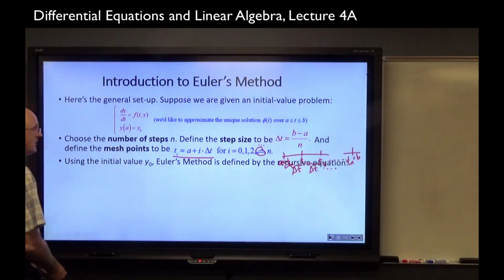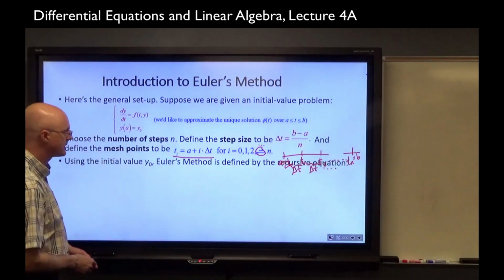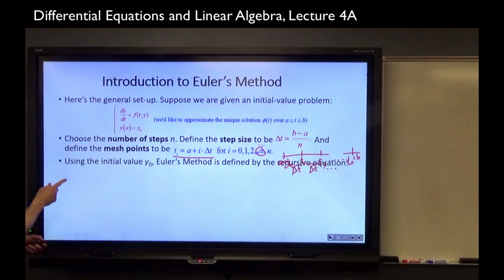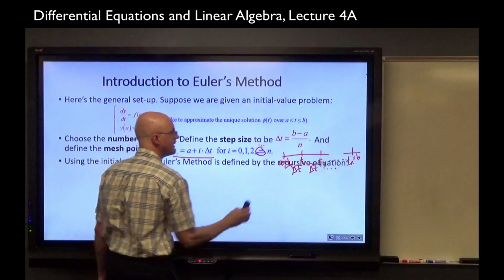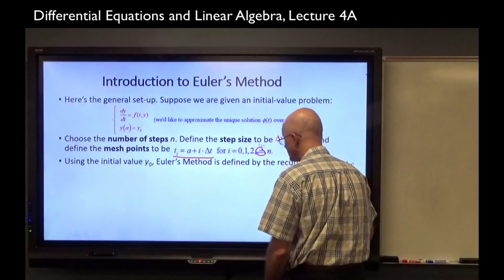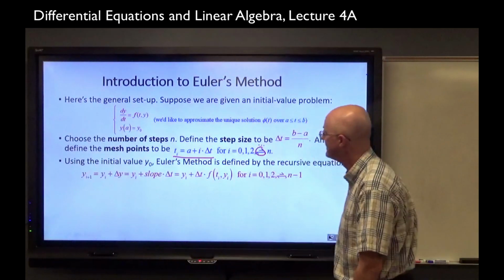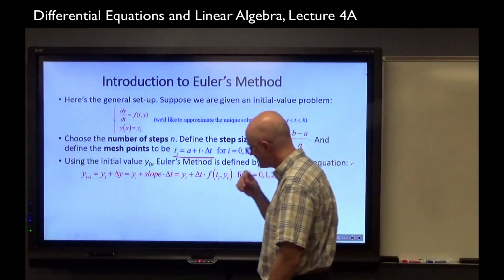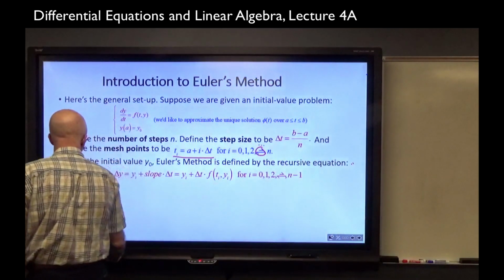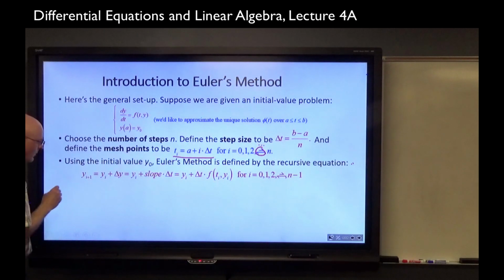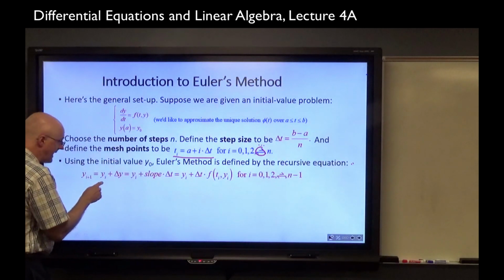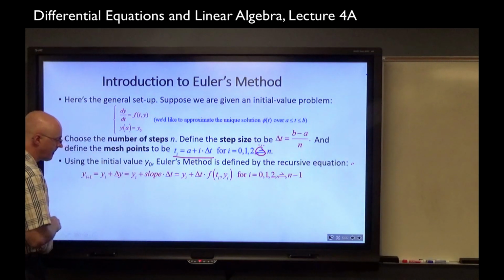Using the initial value, y sub 0, Euler's method is defined by the following recursive equation. In other words, it's a difference equation, except I'm using a subscript of i instead of n. y sub i plus 1, the value of y at step i plus 1, is the value of y at step i plus the change in y at step i.